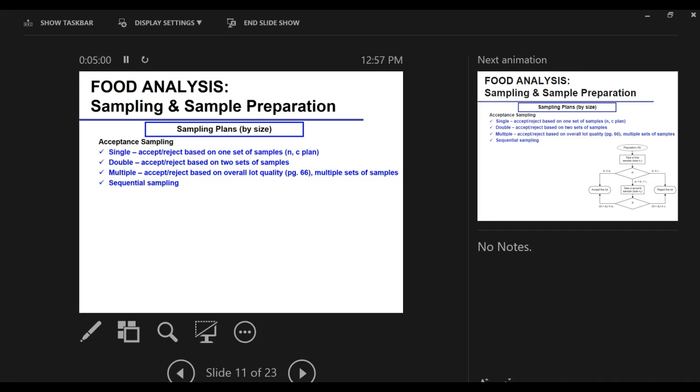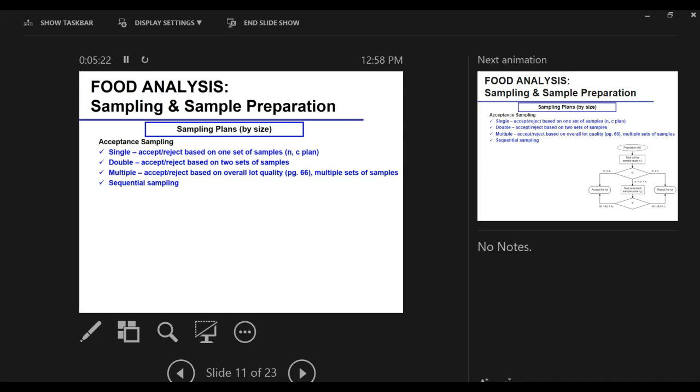So how many samples are defective? Based on what is allowable, maybe you're allowed to have 5 defects in the samples that you pull out. If there are fewer than 5 defects, then you accept. If there are more, then you reject.